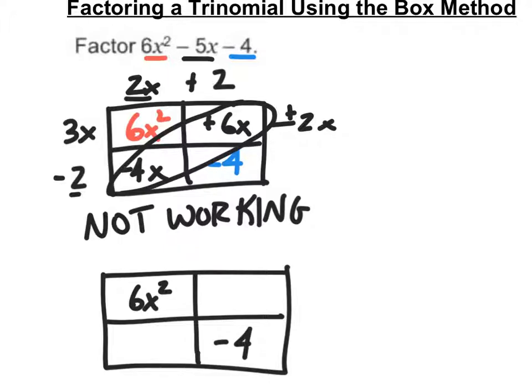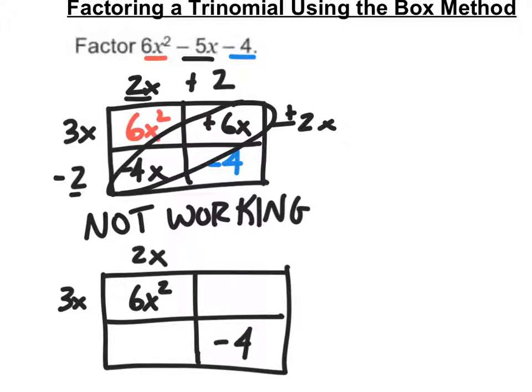So let's try something else. Let's keep the same 3x over here and a 2x over here, and then instead of using the 2's, let's use 1 and negative 4.